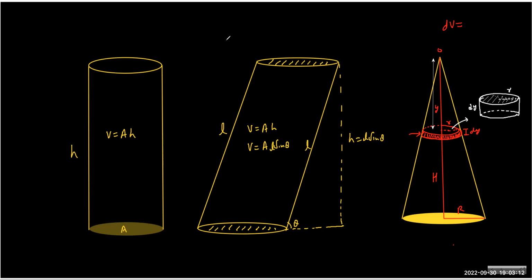But here the problem is, is r a constant or variable? What do you think? Variable. And who is going to integrate? Our integrator is in your formula. Who is the integrator?